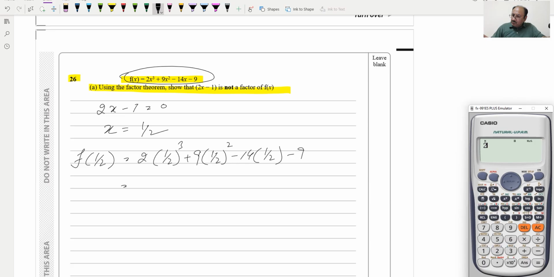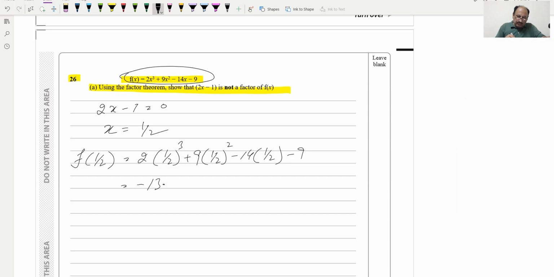So this will be 2 in brackets, 1 by 2, cubed, plus 9 into 1 over 2 squared, minus 14 in brackets 1 over 2, and minus 9. This is equal to minus 27 over 2, which is minus 13.5, which is not equal to 0.